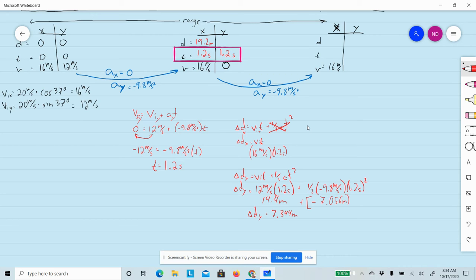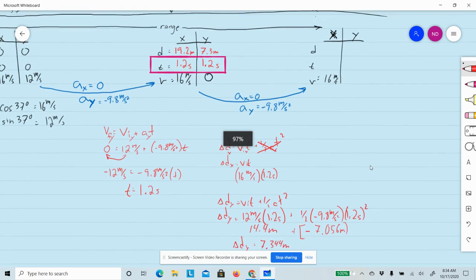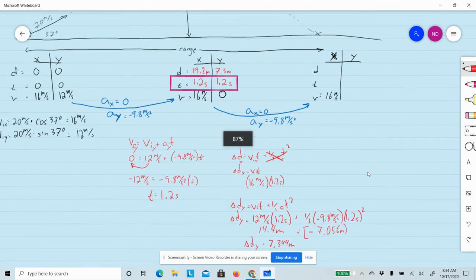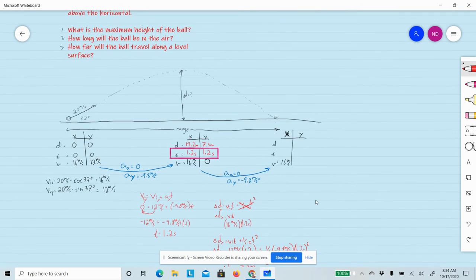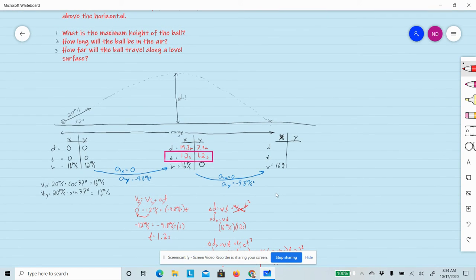Right? We have 2 here, we have 2 there, so our answer should have 2. 7.3 meters. We just figured out the maximum height. Maximum height of the ball, 7.3 meters.